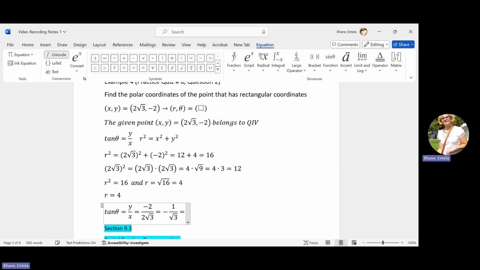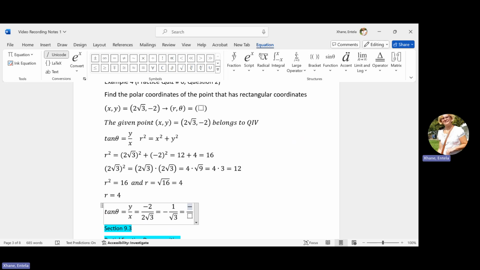So another way of looking at this, remember what tangent is: sine over cosine. And this is an angle in the 4th quadrant. How do I know that this is going to be the 4th quadrant? Because the given point belongs to the 4th quadrant. That's why I started off by saying the given point is a point in the 4th quadrant. So in the 4th quadrant, in order for me to come up with this answer, I need sine to be negative.